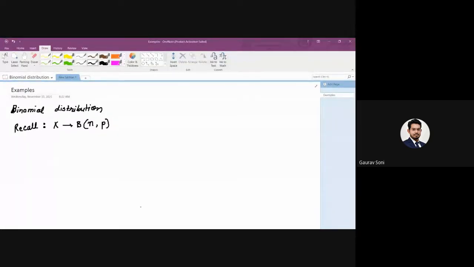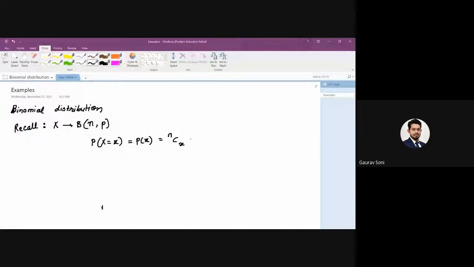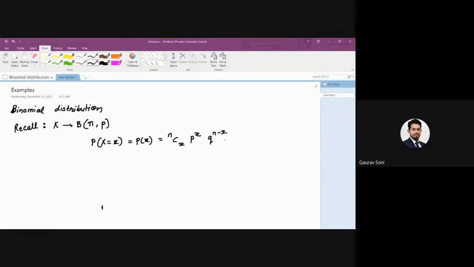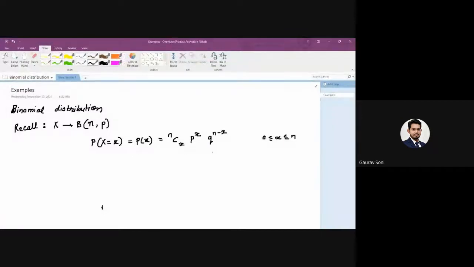In this case, the probability of capital X equal to small x is denoted by capital P of x. This will be given by nCx p raised to x q raised to n minus x. This is the probability mass function when x is a discrete random variable and when x is between 0 and n, then the probability will be given by this, and otherwise it is 0.